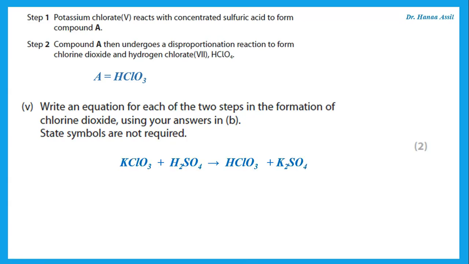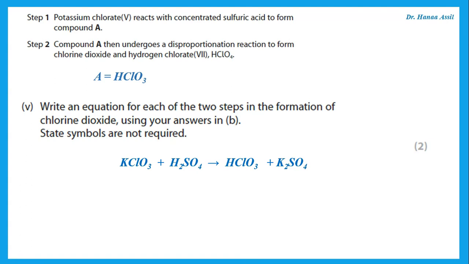So potassium chlorate, this is the formula, plus sulfuric acid to give the compound A, which we already decided is HClO3, plus what? Plus the rest. So potassium chlorate plus sulfuric acid will give something plus potassium sulfate.